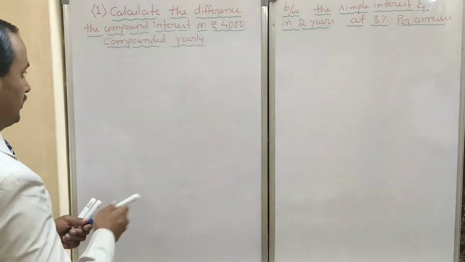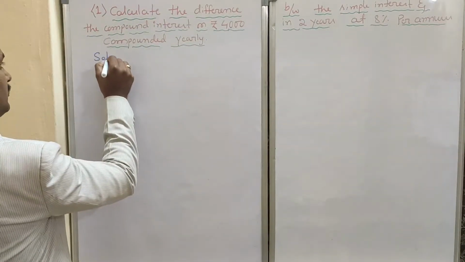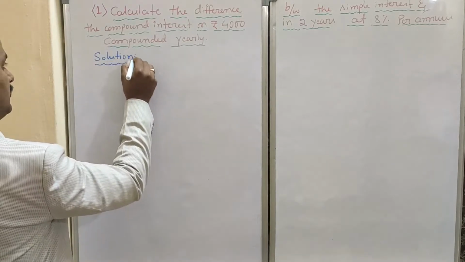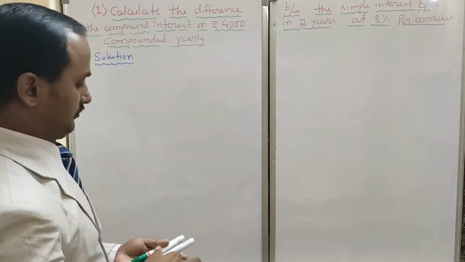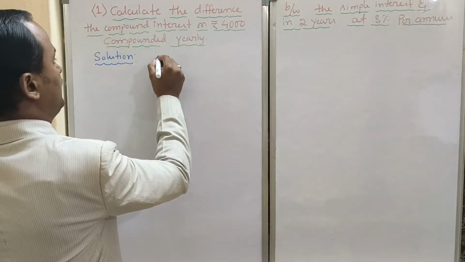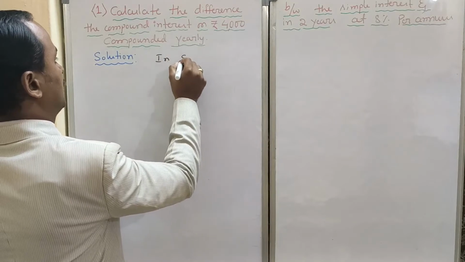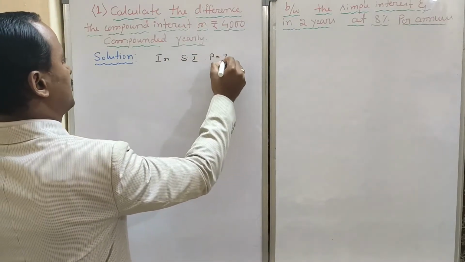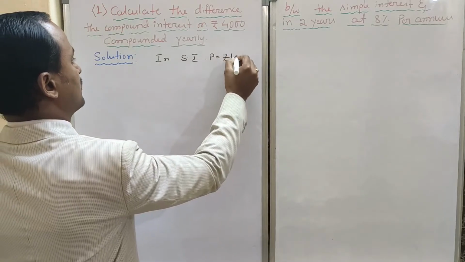Now, dear children, coming to the solution. In simple interest, principal amount is rupees 4,000.